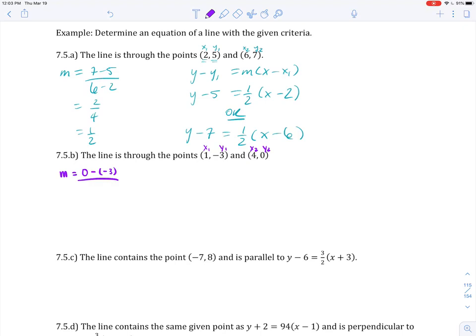So we're going to go ahead and do that. Our slope is calculated by y2 minus y1, so we have 0 minus negative 3, and it's all divided by x2 minus x1, which is 4 minus 1. This gives us a positive 3 over a positive 3, and again, we are reducing, so that will give us a slope of 1.